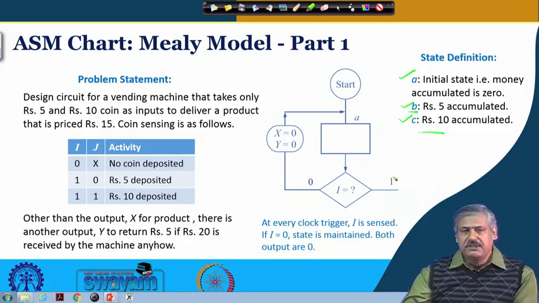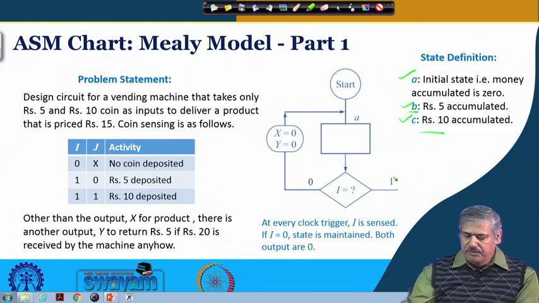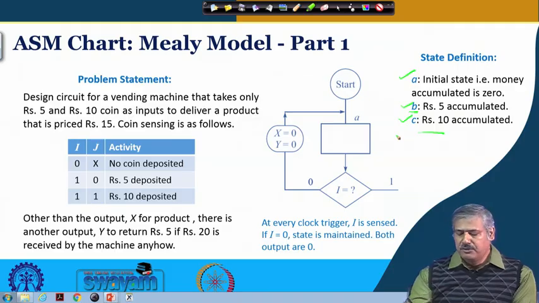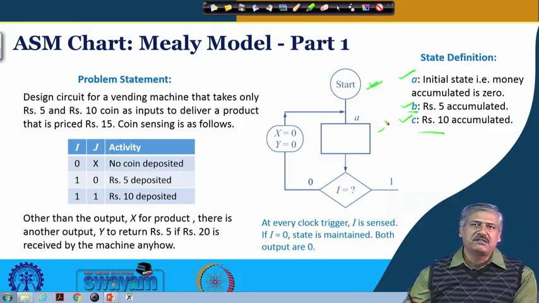Now since it is a Mealy model, we begin with the very first step. After the start, the initial state is A, that is, no coin has been deposited. The clock of the digital circuit could be much faster than the human customer depositing the coins, so there may be many clock cycles between two successive deposits of coins.